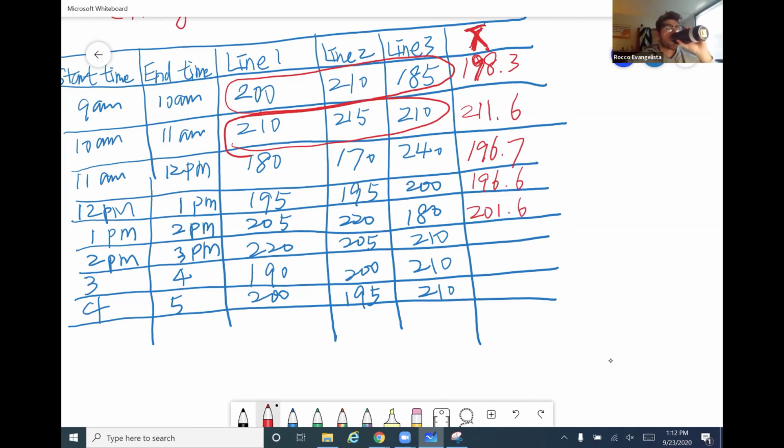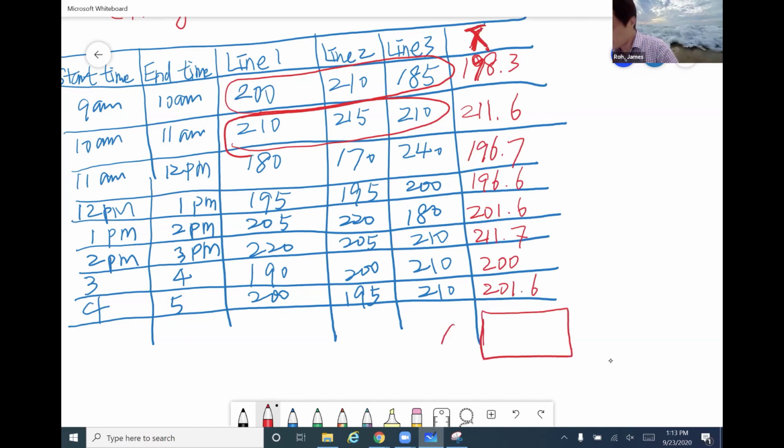Very good. 220, 205, and 210. So that I need your help. 211.7. Thank you. Now 190, 200, 210. This one I know. It should be 200. 200, 195, 210. 201.6. Thank you.